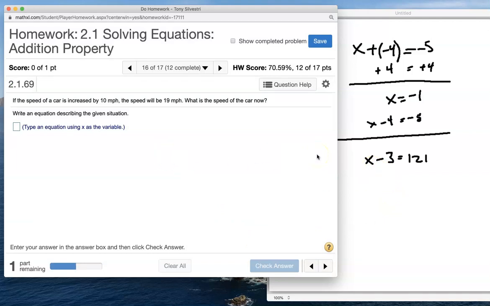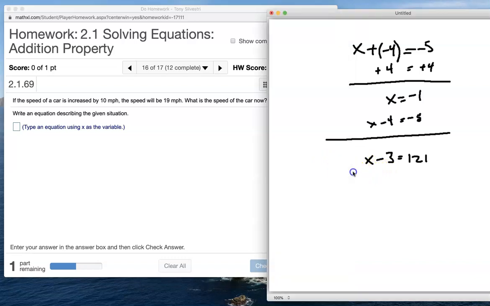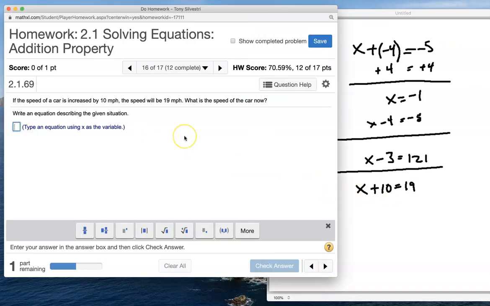If the speed of the car is increased by 10, so if the car's original speed is X, plus 10, he's going 19 miles an hour now. What's the speed now? Well, X plus 10 equals 19.